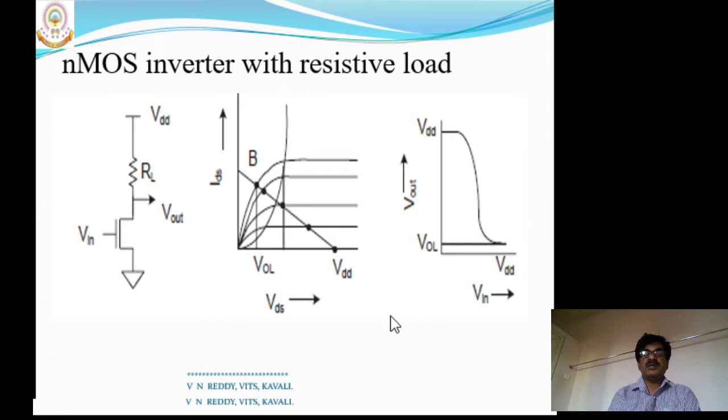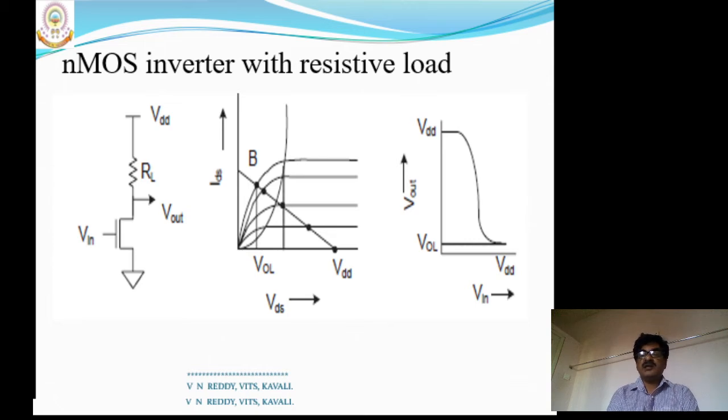But here the problem is, because of the resistive load, high power consumption we can observe in this case. And you know the passive resistors are not suitable for integrated circuit technology, and they occupy more space.